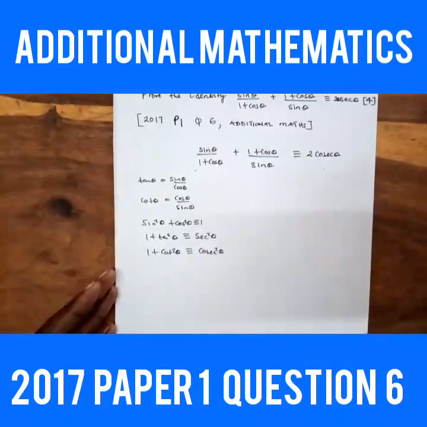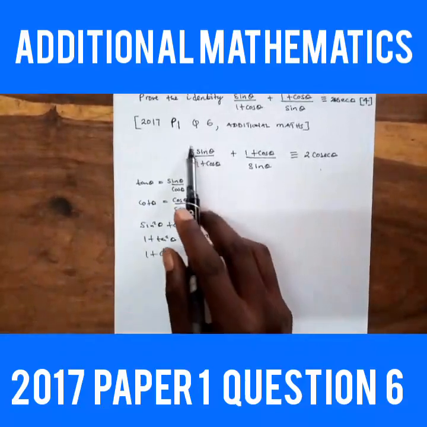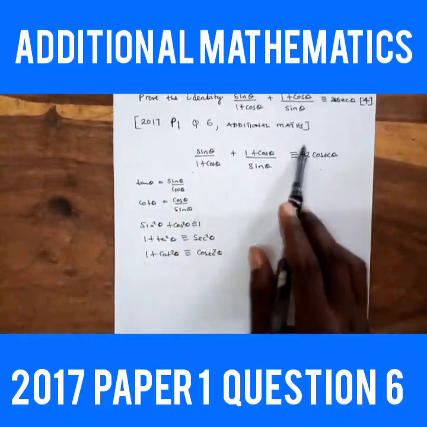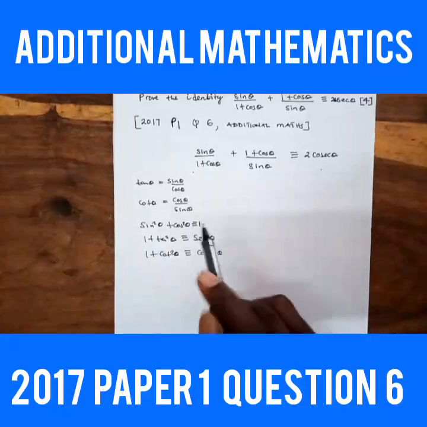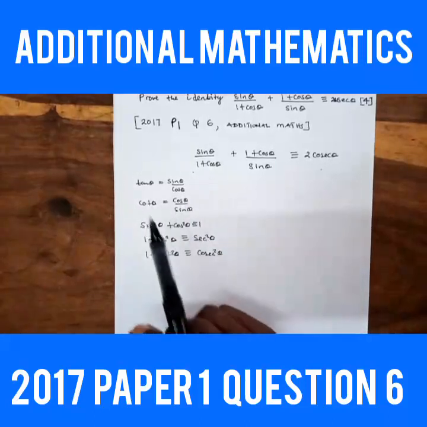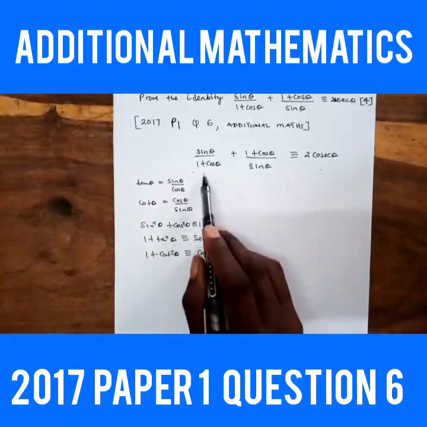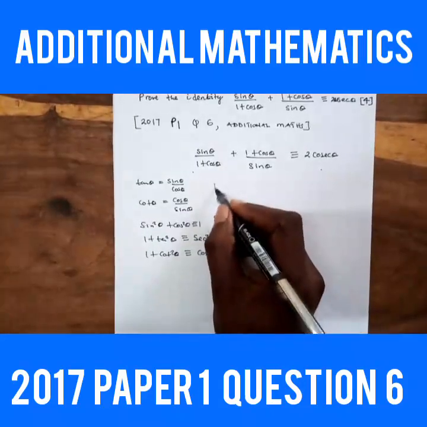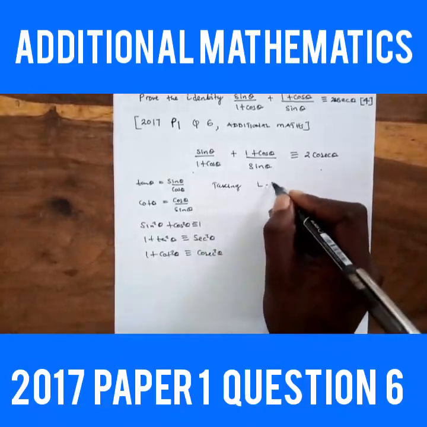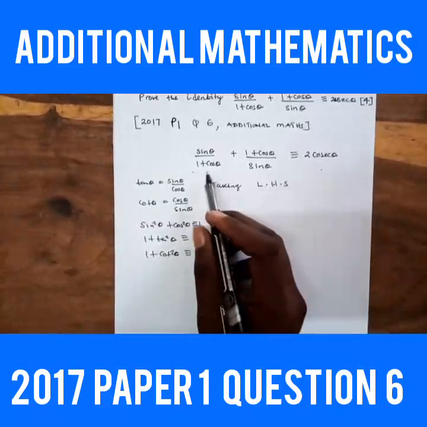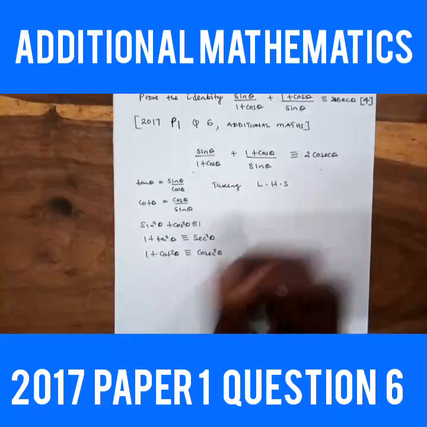Okay, so let's begin. I want to show that this side is equal to this side, or the other way around. What I recommend is that you take the side which looks to be more complicated. In this case, the left hand side. So we need to break down the left hand side so that it turns into the right hand side.